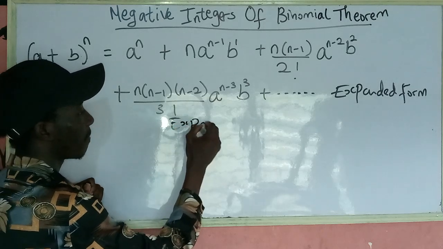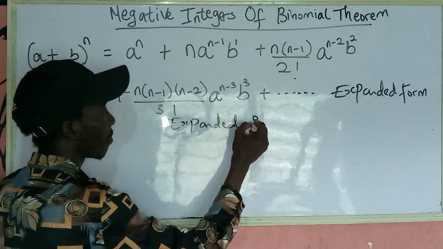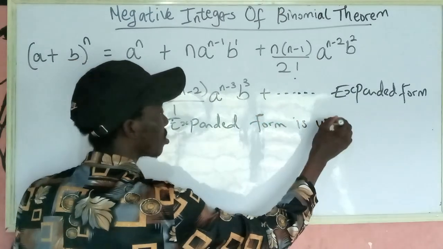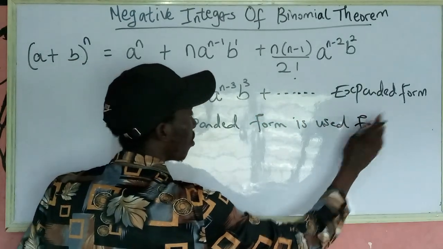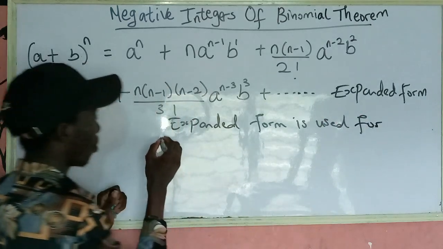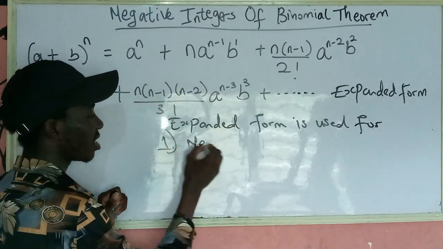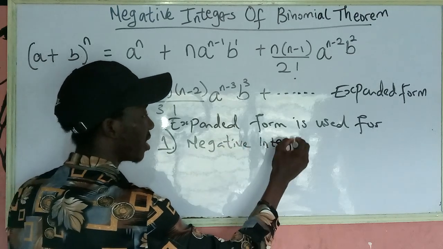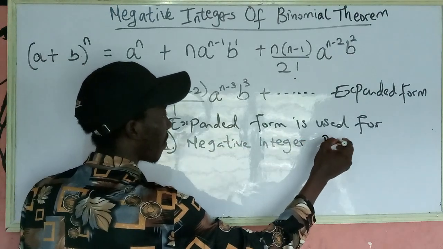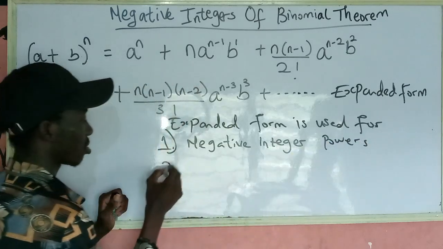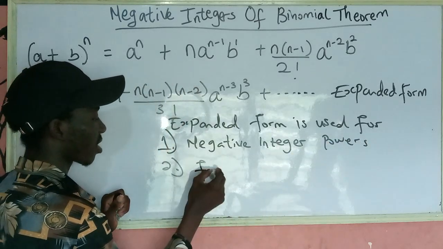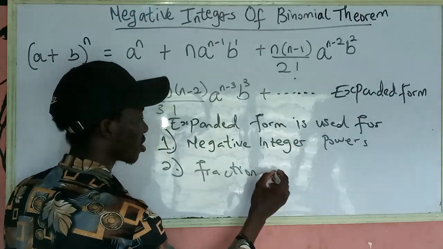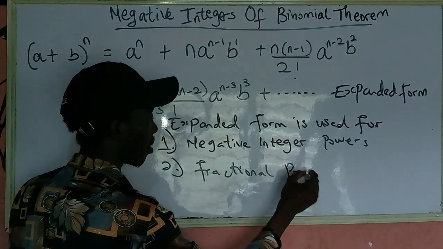Expanded form is used for one, negative integer powers, and two, fractional powers.